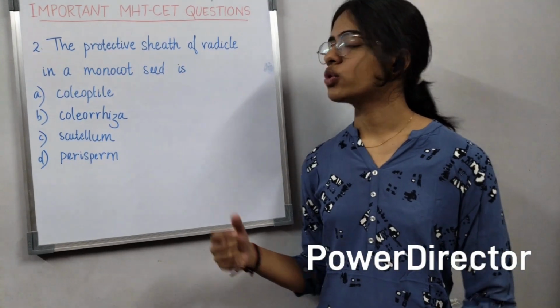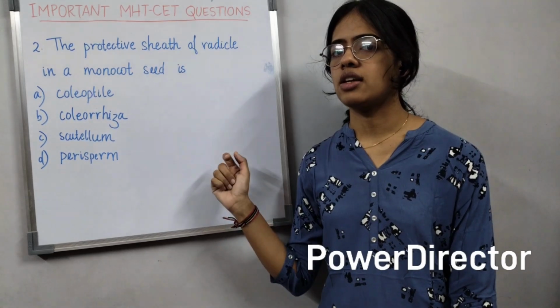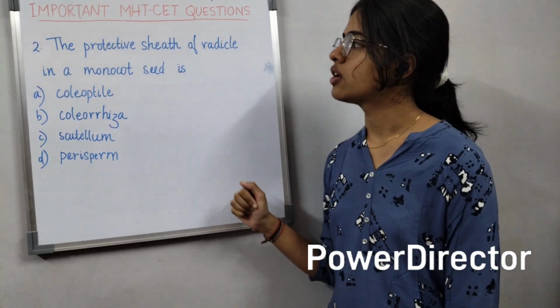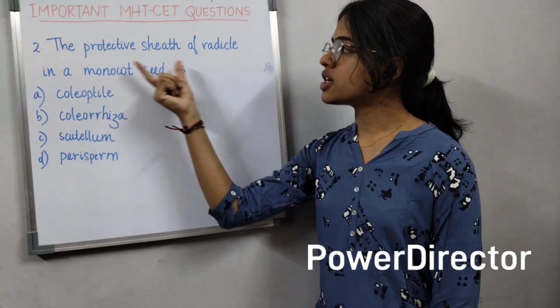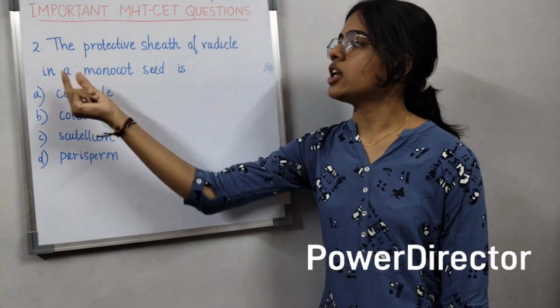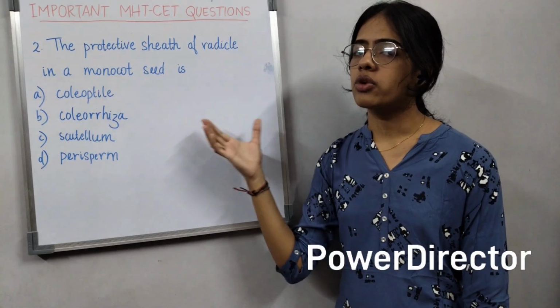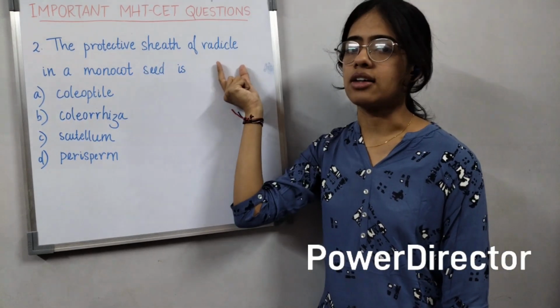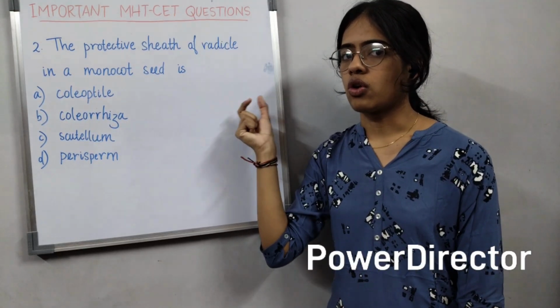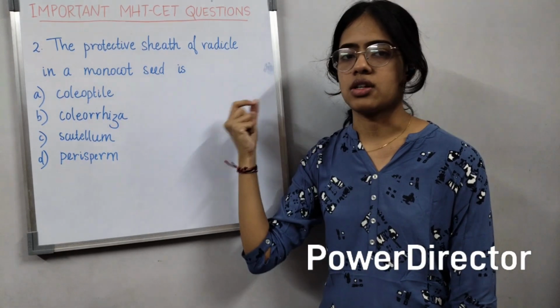Now we'll go through the second question. This was another question which was asked in MHT-CET from the first chapter. The question is, the protective sheath of radicle in a monocot seed is. So it is asking about a protective sheath in a monocot seed which protects the radicle. Now radicle is the developing, emerging root of a monocot seed.